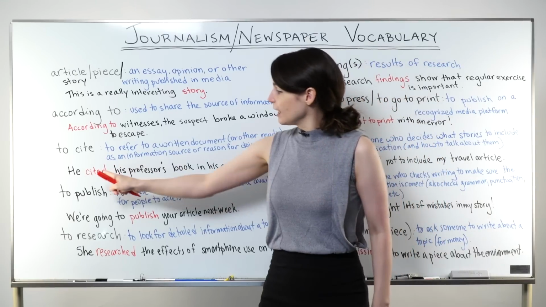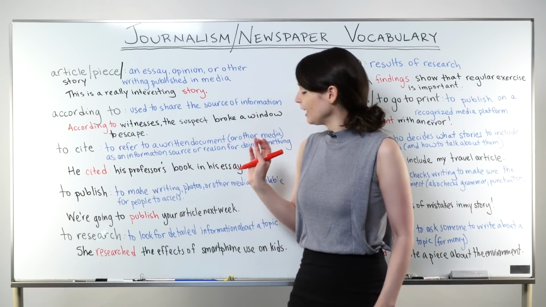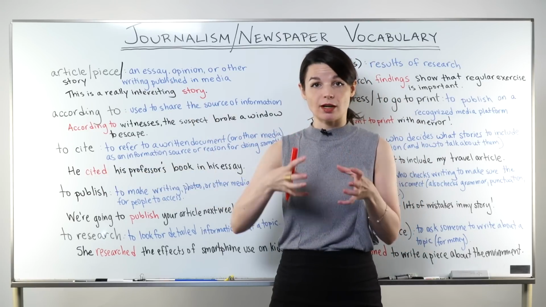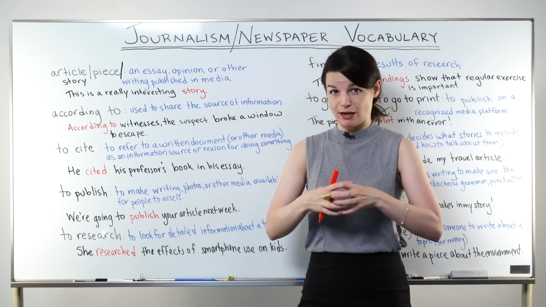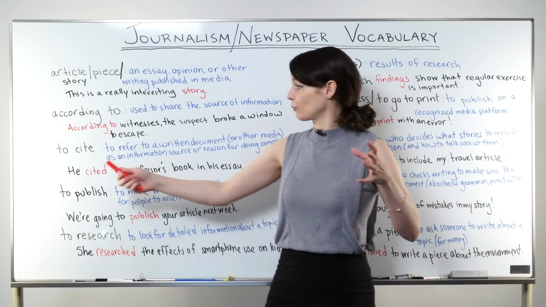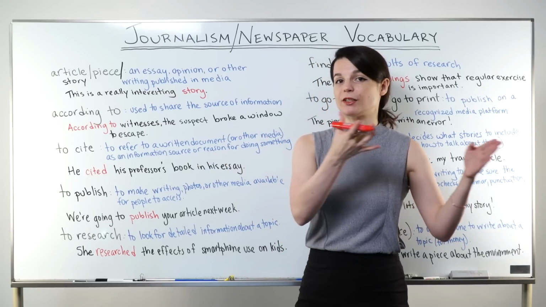So that means in this person's essay, he included his professor's book as a source of information. So that means this was a key place that this writer got his information from. He cited his professor's book.